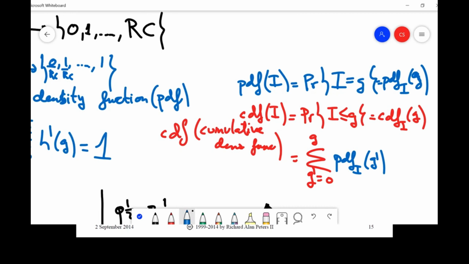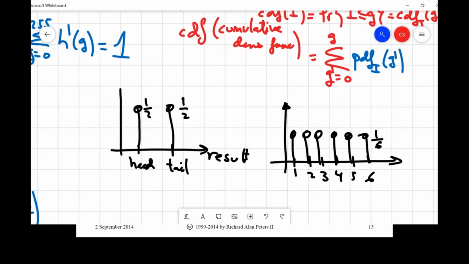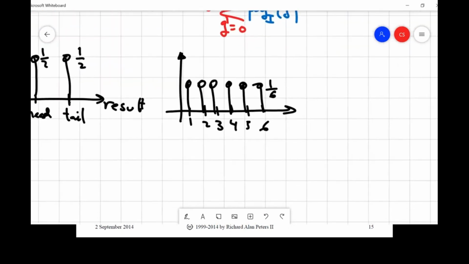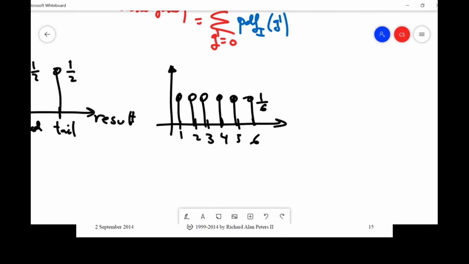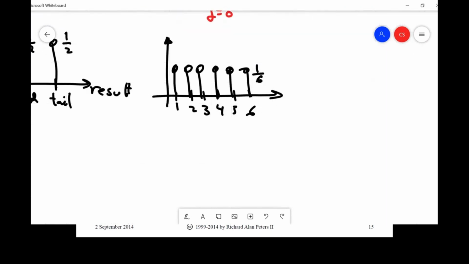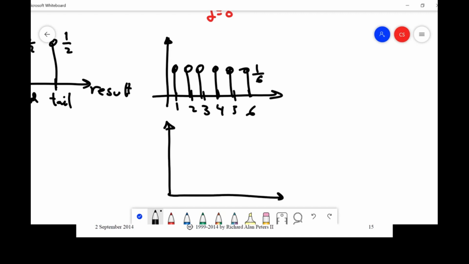Sum all those probabilities, and I will have the CDF of that image. So for instance, here, what is the CDF of the dice? So the CDF of the dice, maybe let's make the axis black. So another CDF.